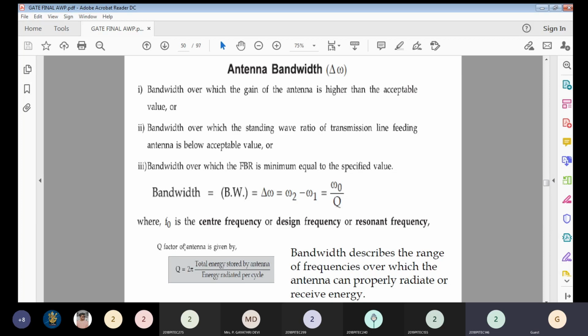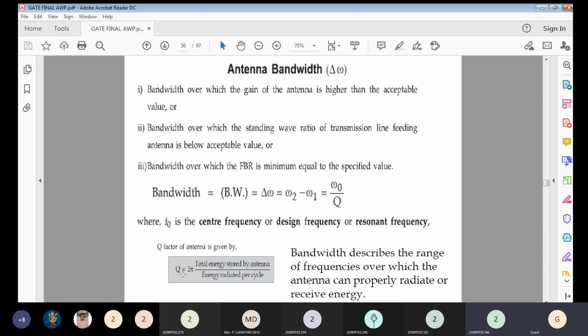The quality factor of antenna is given by Q equal to 2 pi times the total energy stored by the antenna divided by the energy radiated per cycle. This relates to antenna bandwidth.